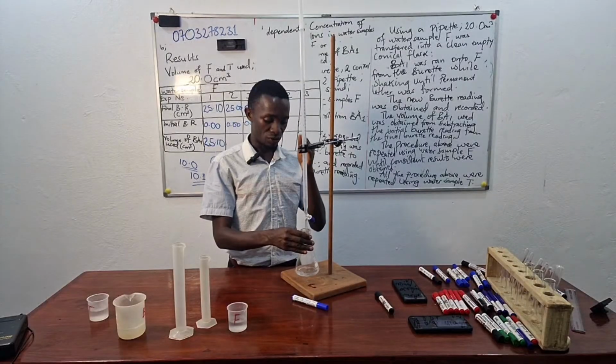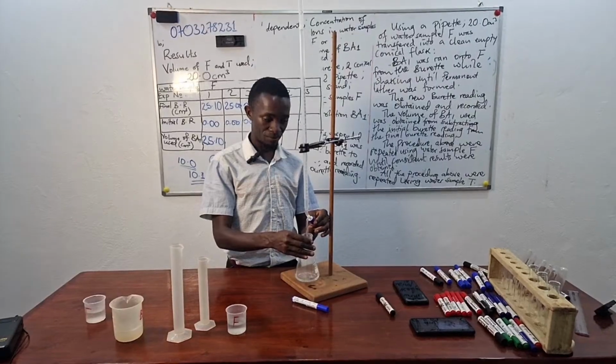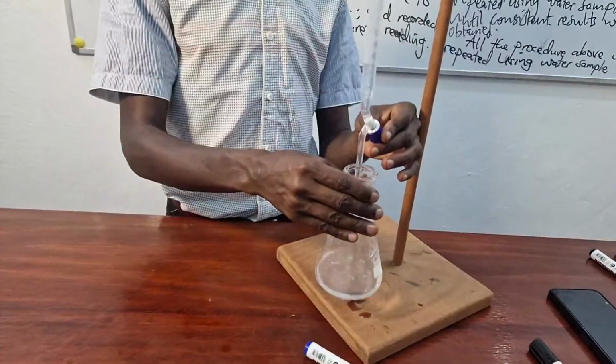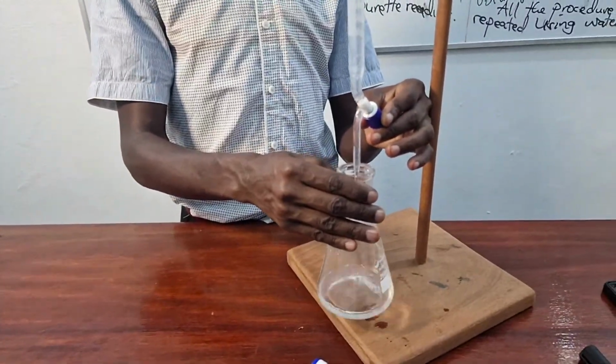I'm not looking at where the solution is coming from. I'm looking at where it is going, making sure that all the drops of BA1 are falling onto the solution in the conical flask. While I shake, I'm adding a little at a time.